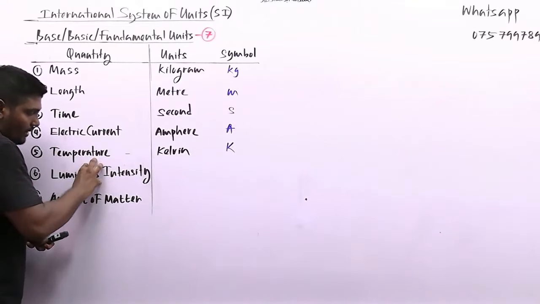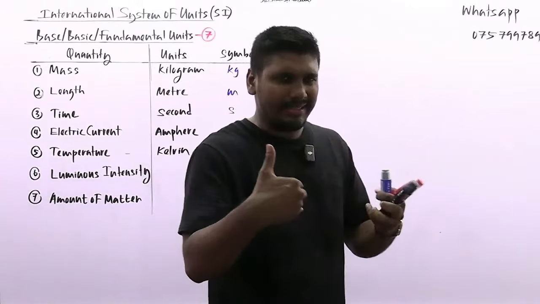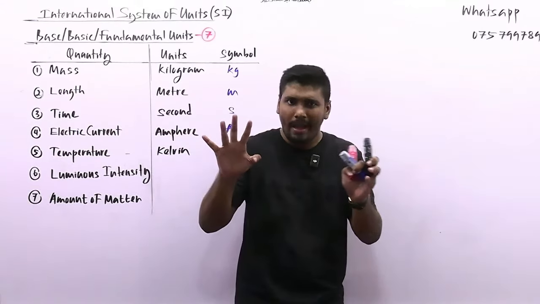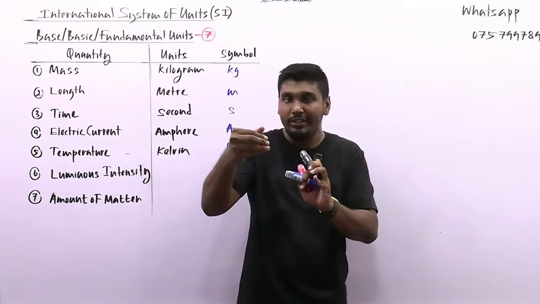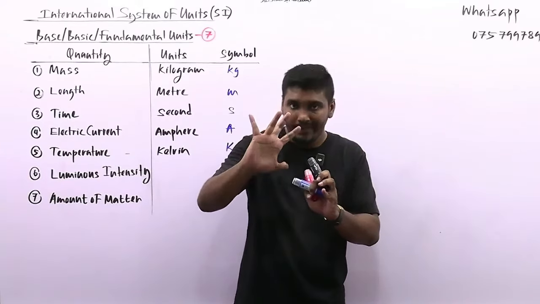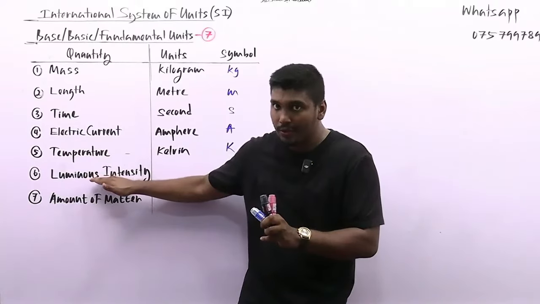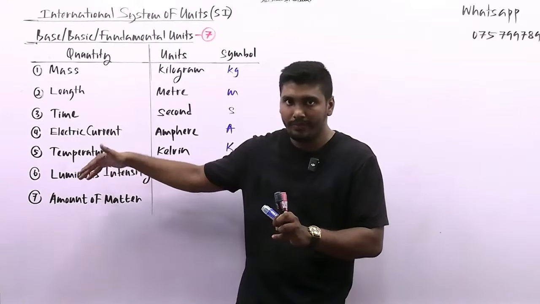Remember that it links with light intensity, electromagnetic waves, and we will learn it in oscillations and waves, where we talk about sound intensity too. Definitely, I will give an idea about luminous intensity, but not now. Don't worry.